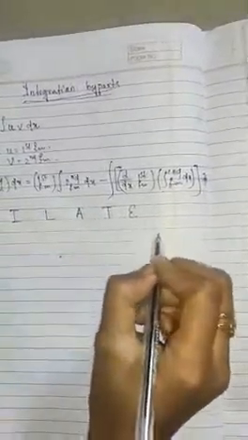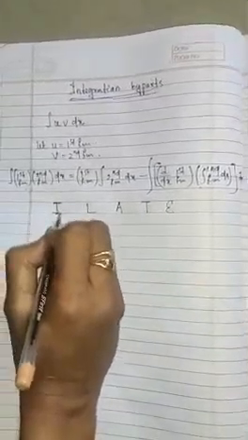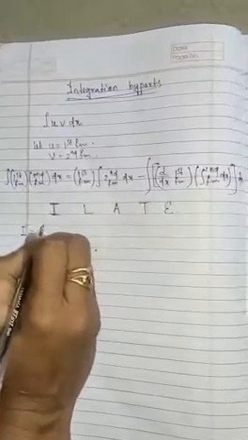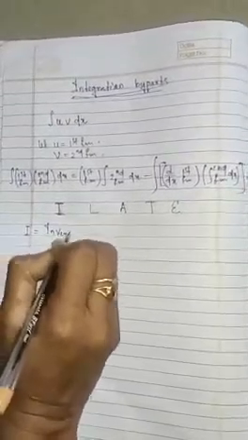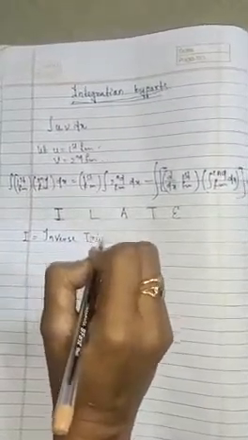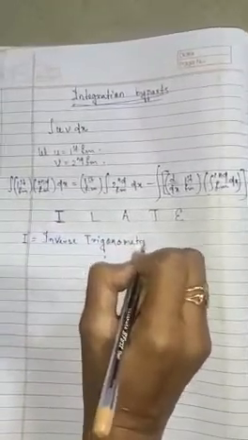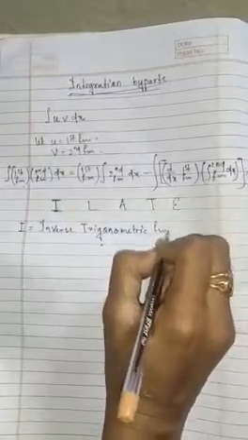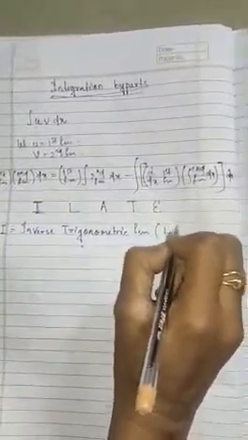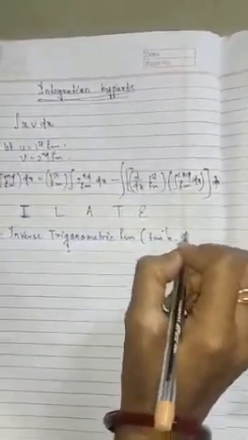In ILATE, the letter I stands for inverse trigonometric function. Examples are tan inverse x, sin inverse x.